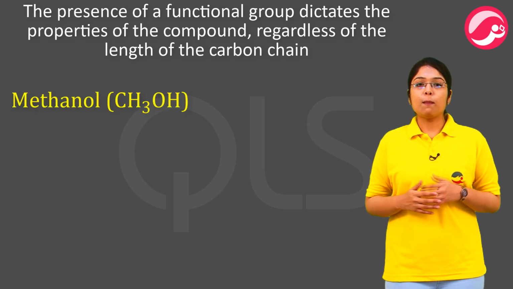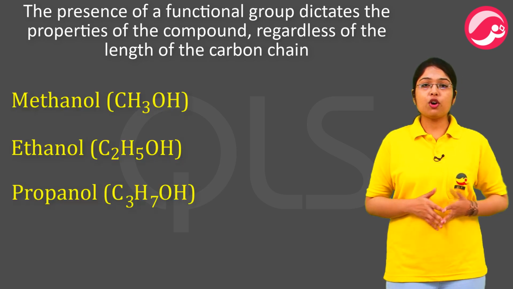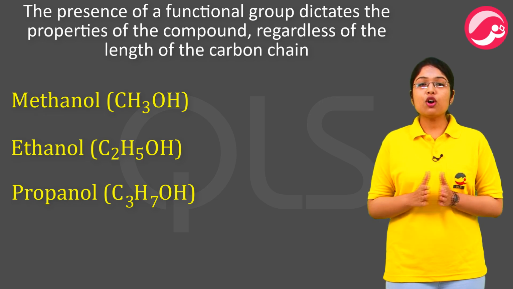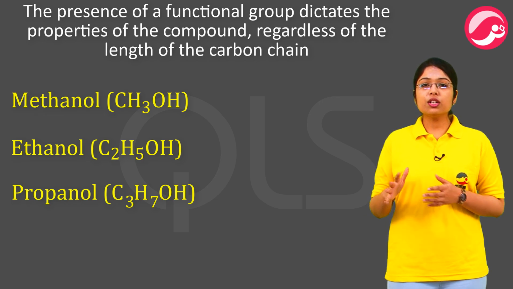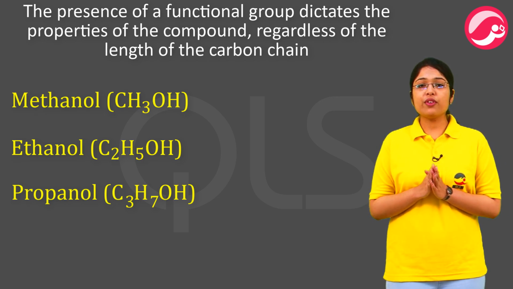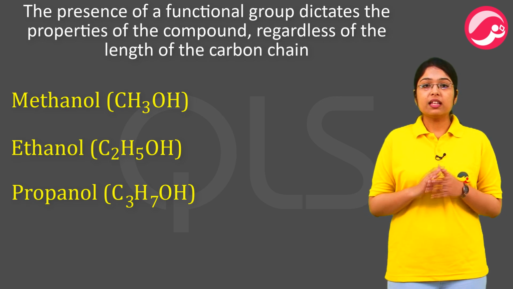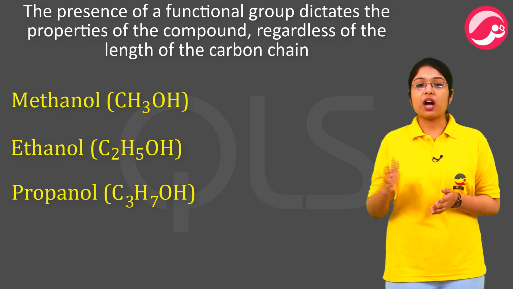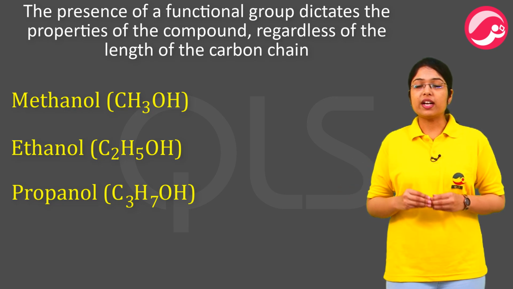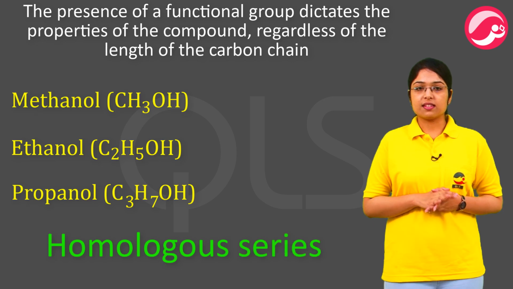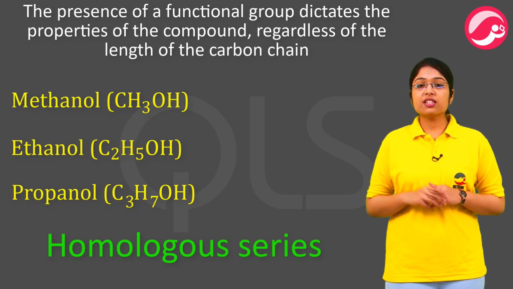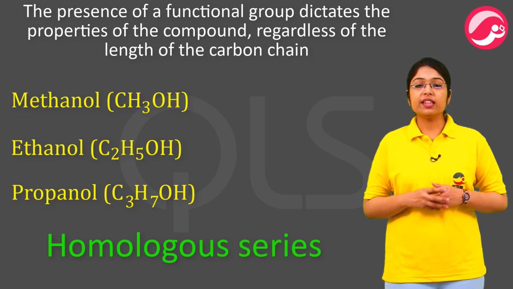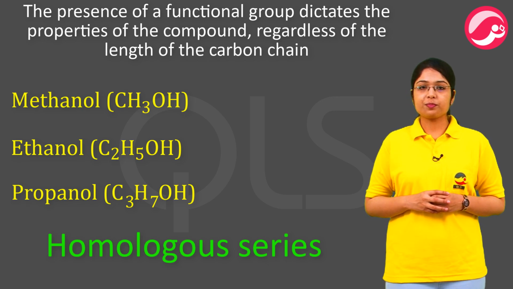For example, methanol, ethanol, propanol all contain alcohol functional group. All of these are alcohols and have very similar chemical properties. This type of series of compounds in which the same functional group substitutes for hydrogen in a carbon chain is called a homologous series. These series contain the same functional group but differ in the length of the carbon chain.